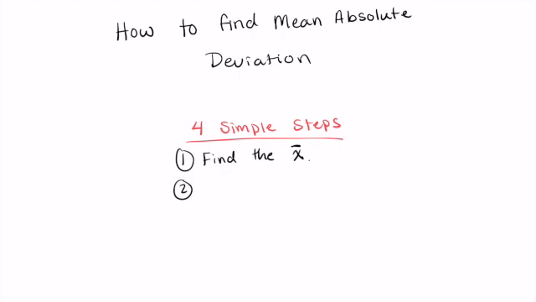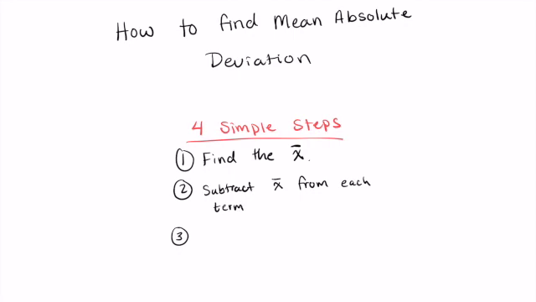Step 2, I'm going to subtract the mean from each term. In other words, subtract X bar from each term.